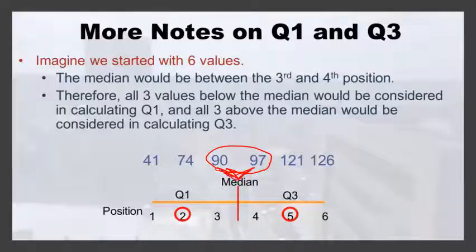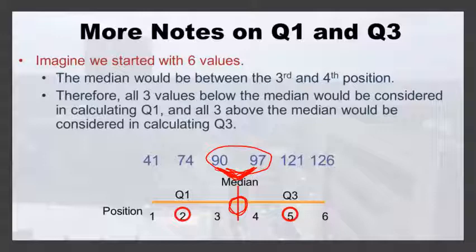Okay, and it's not just that simple, because after you've already figured out what that number is, I didn't calculate it, so just pretend that this is that number, it's time to look for your Q1 and your Q3, your quartile 1 and your quartile 3.